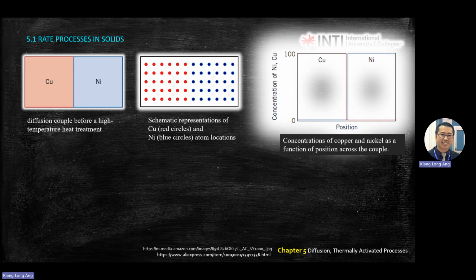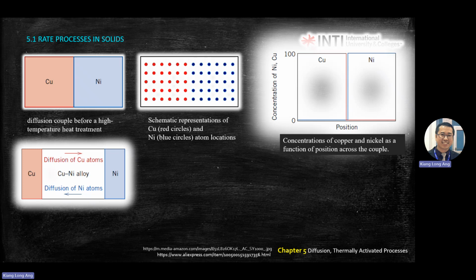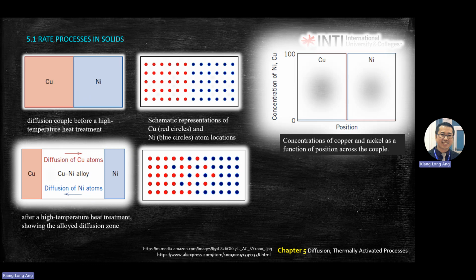Okay, so let's say there's a diffusion happening. So it means the blue dot moves to the left, the red dot moves to the right. So it looks something like that. So some atoms move to the left, some atoms to the right.